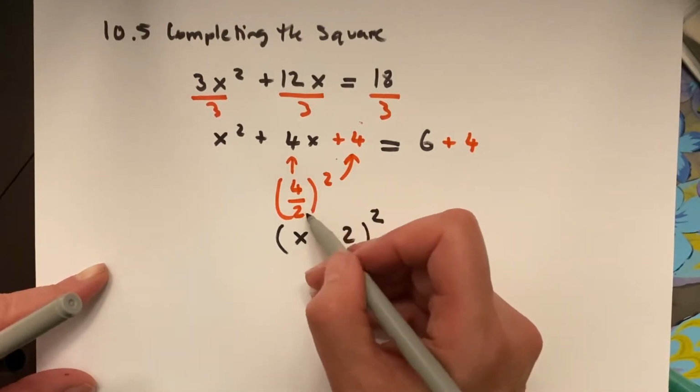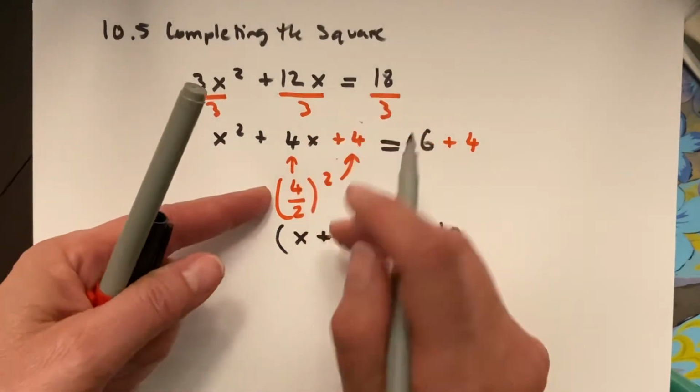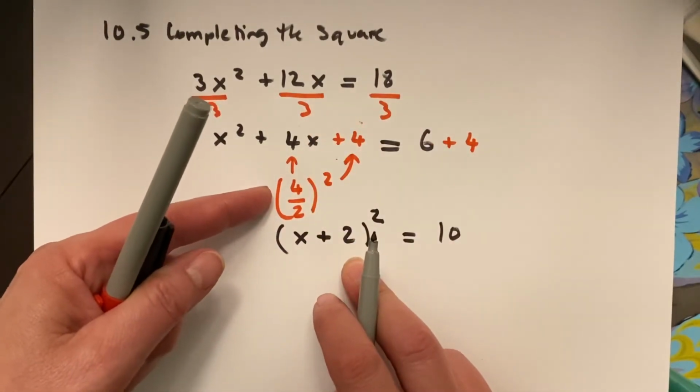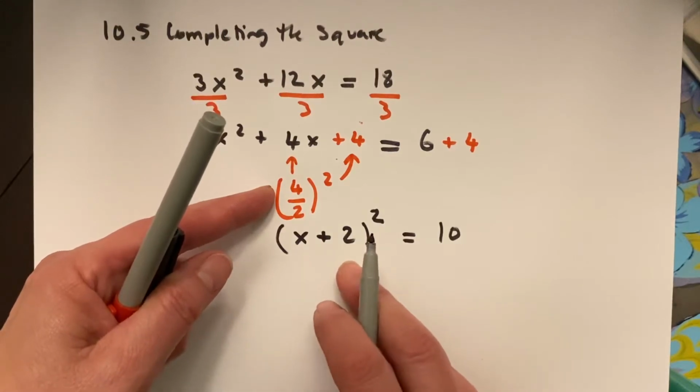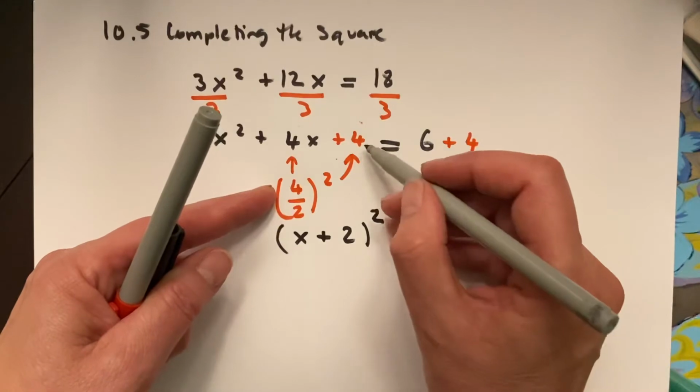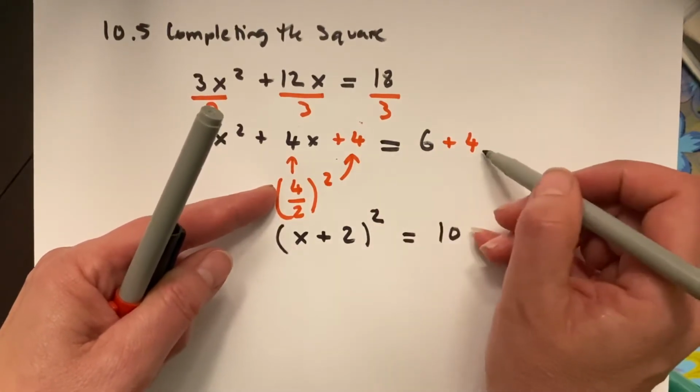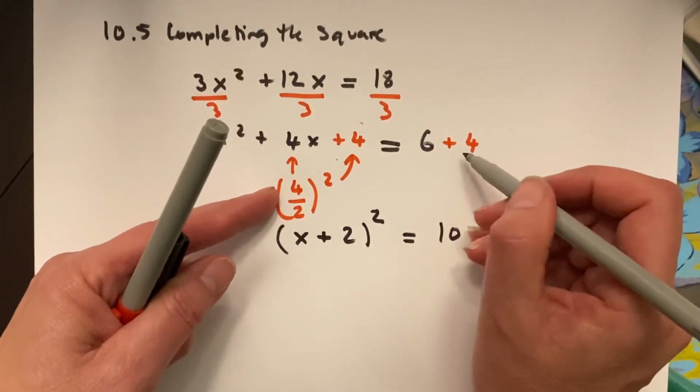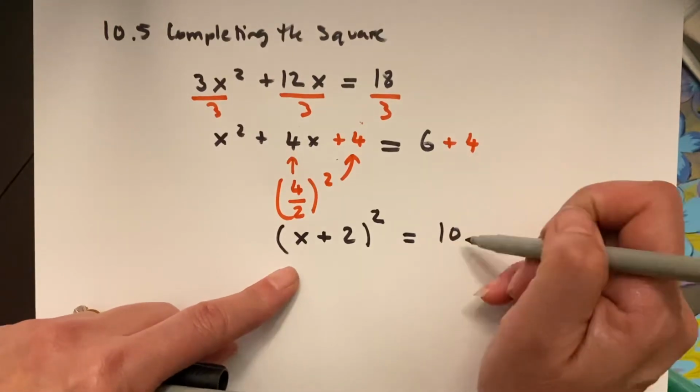You remember 4 divided by 2. This part in the parentheses actually is the value that goes into the perfect square binomial here. And we make sure that we add whatever we added here as our c value to both sides, and so that we now combine 6 plus 4 is 10 over here.